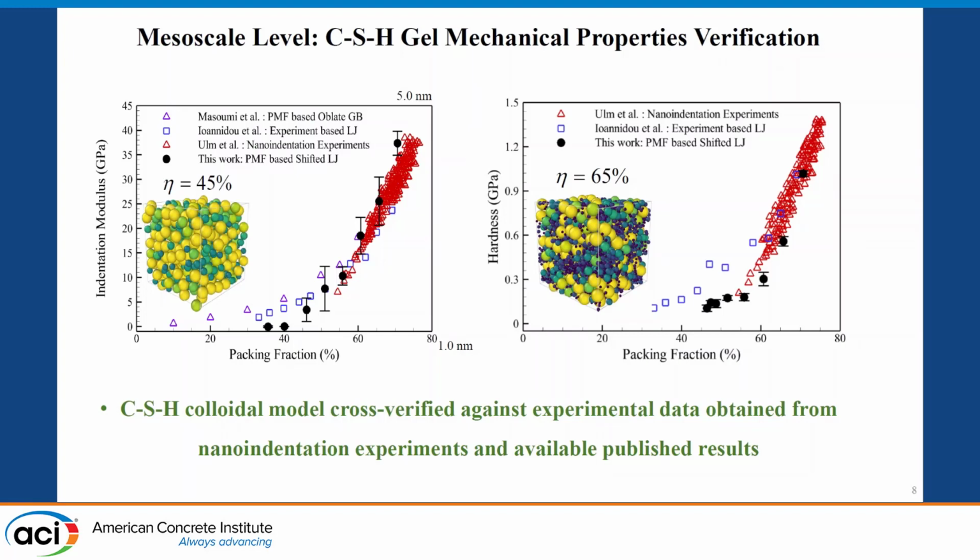However, understand our data do not go below 50% packing density because of the assumptions in the interpretation of the data. But our collective actions of particles, our potential interactions, are properly describing the variation of the indentation modulus and hardness as a function of the packing fraction. Therefore, as we have validated, we move forward to the upper scale.